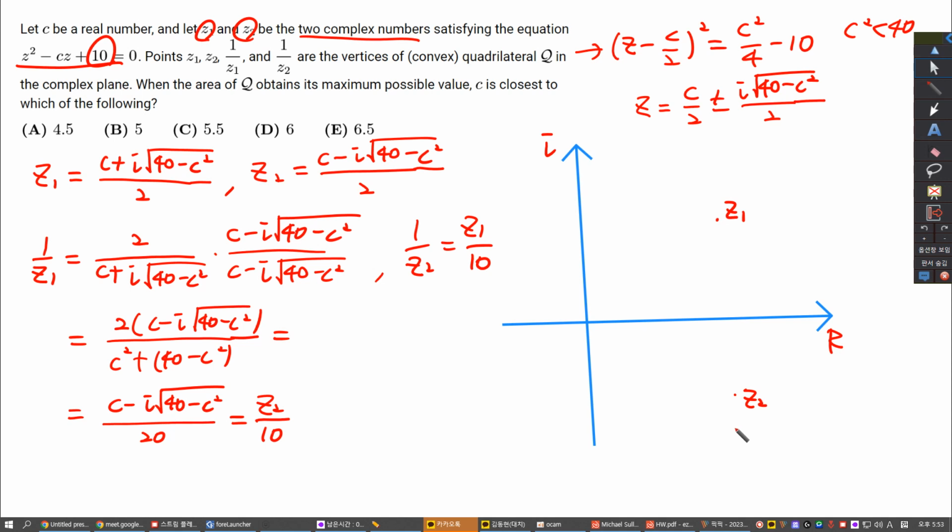And 1 over Z2 is Z1 divided by 10. So this is the position for 1 over Z1, and this is for 1 over Z2. So this length is divided by 10.